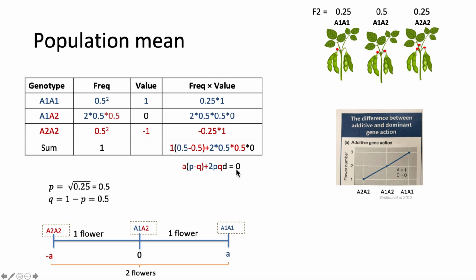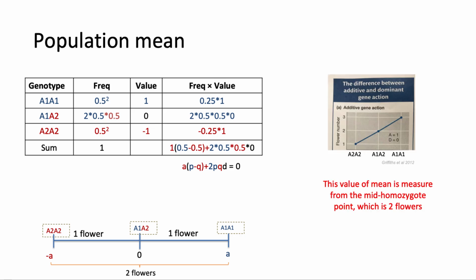That means that the population mean is equal to 0. And maybe at this moment you think that I am wrong, because all the lines have at least one flower, so the mean of the population cannot be equal to 0. But the point with this formula is that as we're assuming an additive model, the population mean is measured from the mid-homozygous point, which is 2 flowers in this example.